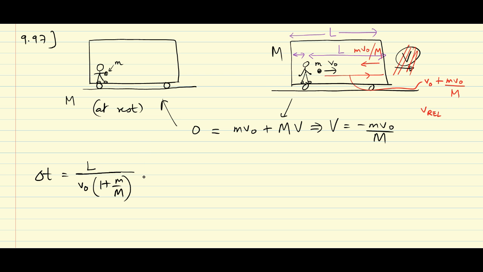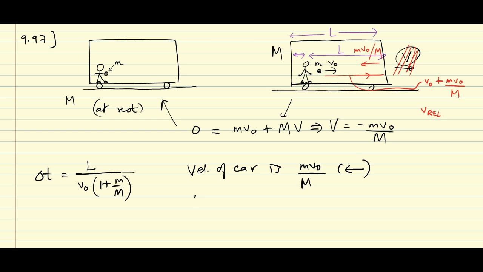The situation is going to change once the collision occurs, but we are still to analyze that. So the velocity of the car is m v0 upon capital M towards the left.